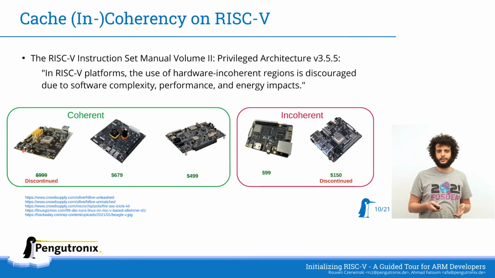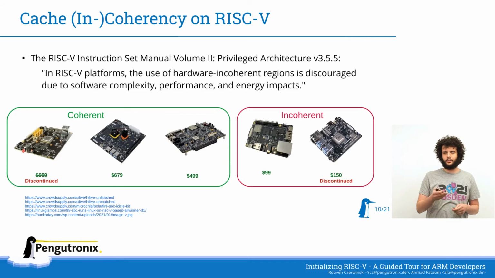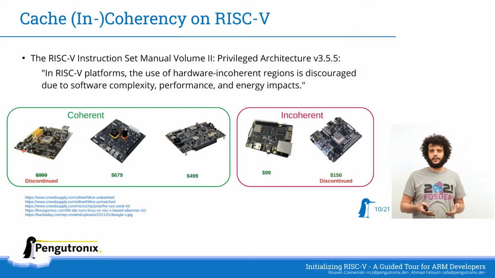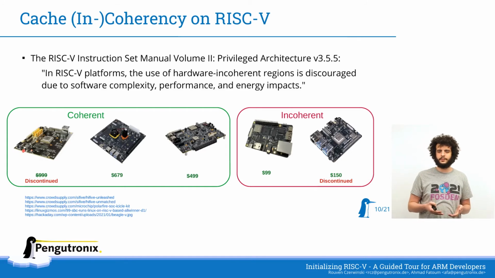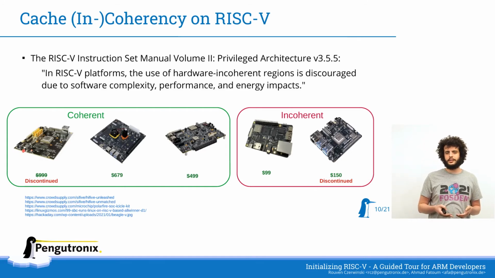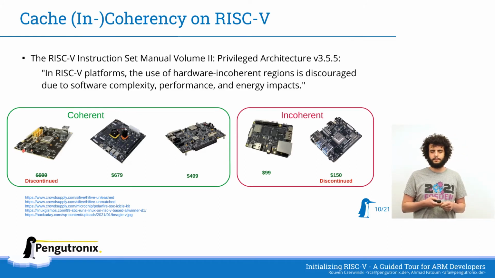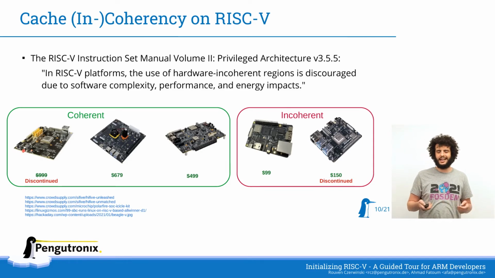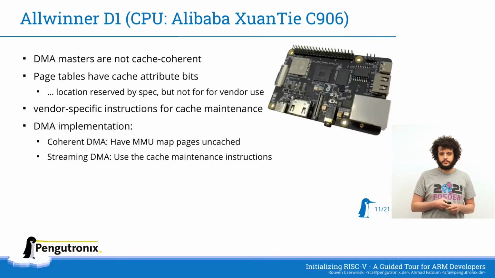Everything north of the $500 decided for cache coherency, and the $100 and $150 boards decided on cache incoherency. So you have actual hardware there that didn't quite follow this discouragement in the specification. And if you want to write software supporting it, you will need to take manual cache maintenance in your hands because the hardware doesn't do it for you.